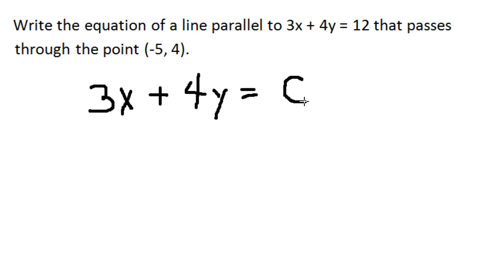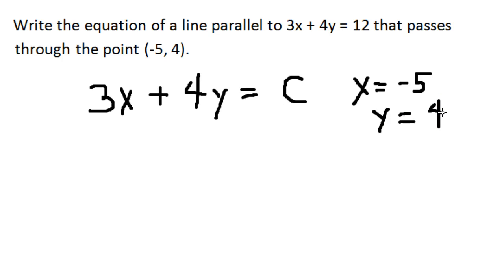Notice that we're given that this parallel line also passes through the point (-5, 4). That means the x-coordinate is -5 and the y-coordinate is positive 4.